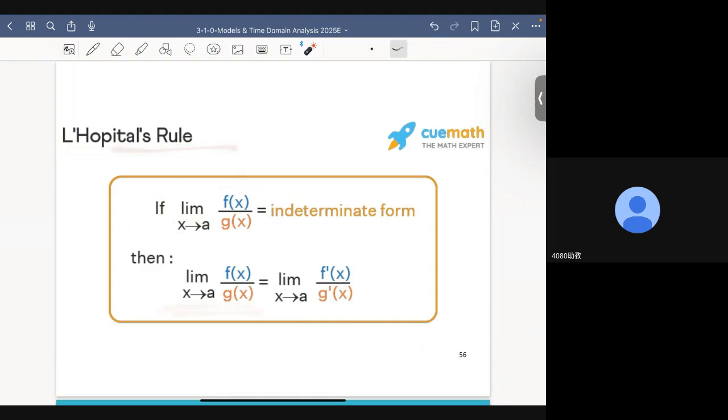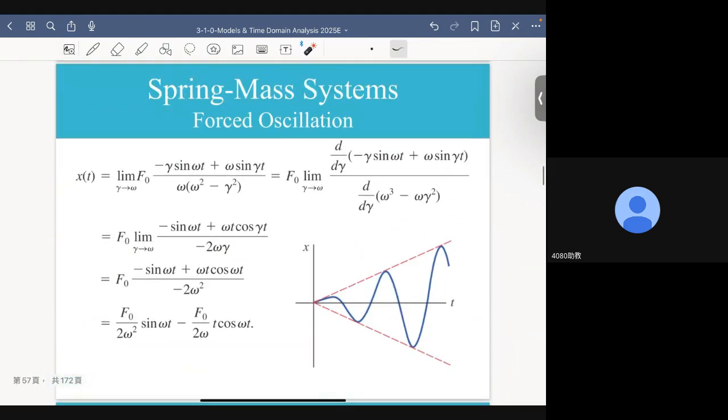To do that, all you need to do is take the derivative of the numerator and denominator at the same time and find the ratio of these two derivatives. All right? I'm pretty confident you should have learned this rule before. At least I think it is in the course of calculus. All right? Now let's do that.